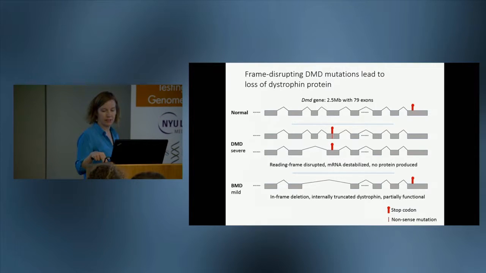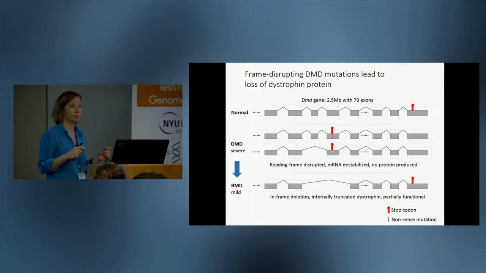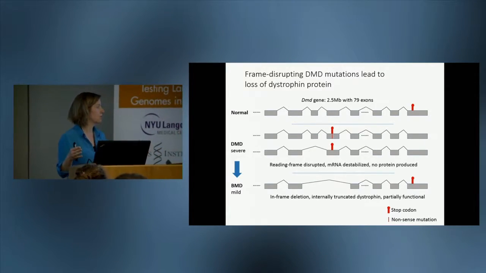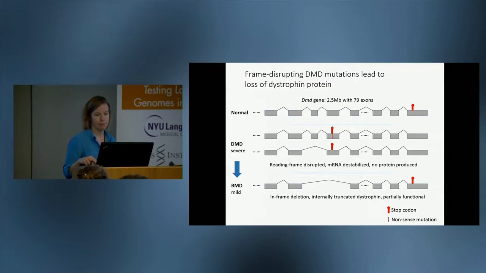And so this has led to the suggestion that if one could recode the DMD mutations such that they remove the frame-shifting mutations or remove exons adjacent to frame-shifting mutations in order to restore reading frame, this could convert a patient with a very severe muscle disease to a patient with a much more mild muscle disease.